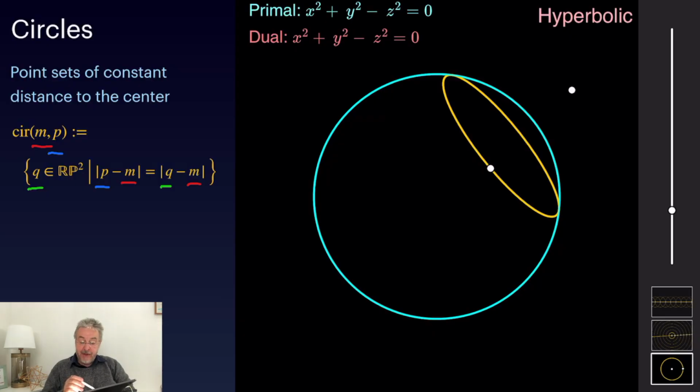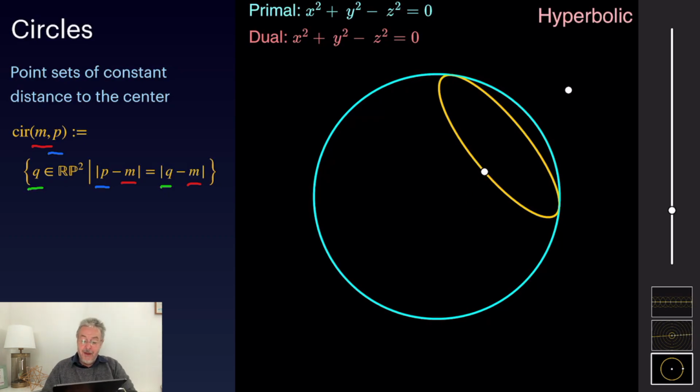You have the center of the circle here, you have a perimeter point here, and essentially this is the set of all the points that are at a position that has exactly the same distance to the center here as your boundary point has. So it's just a solution to an algebraic equation.